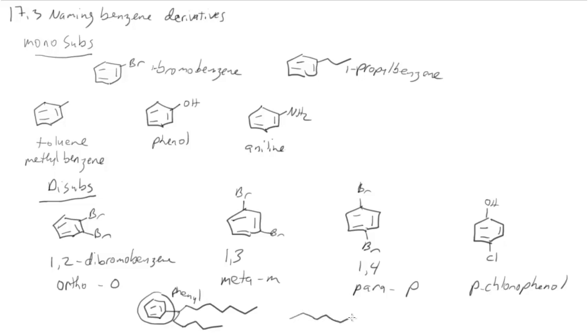However, if I have a group that has one methyl first and then a benzene ring, then this whole big group with the benzene ring and the methyl group would be called benzyl, or benzylic. So this then would be a benzylic carbon, and the hydrogens that are on that would be a benzylic hydrogen.